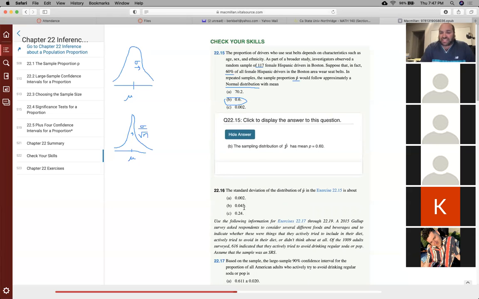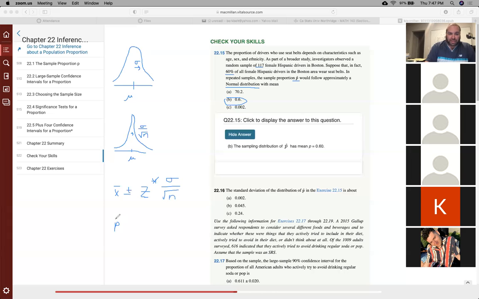But the next question is, what about the standard deviation? So this one, I have to give you this formula, which I gave you before. We know that the margin of error for the X bar case was X bar plus or minus Z star sigma over the square root of n.